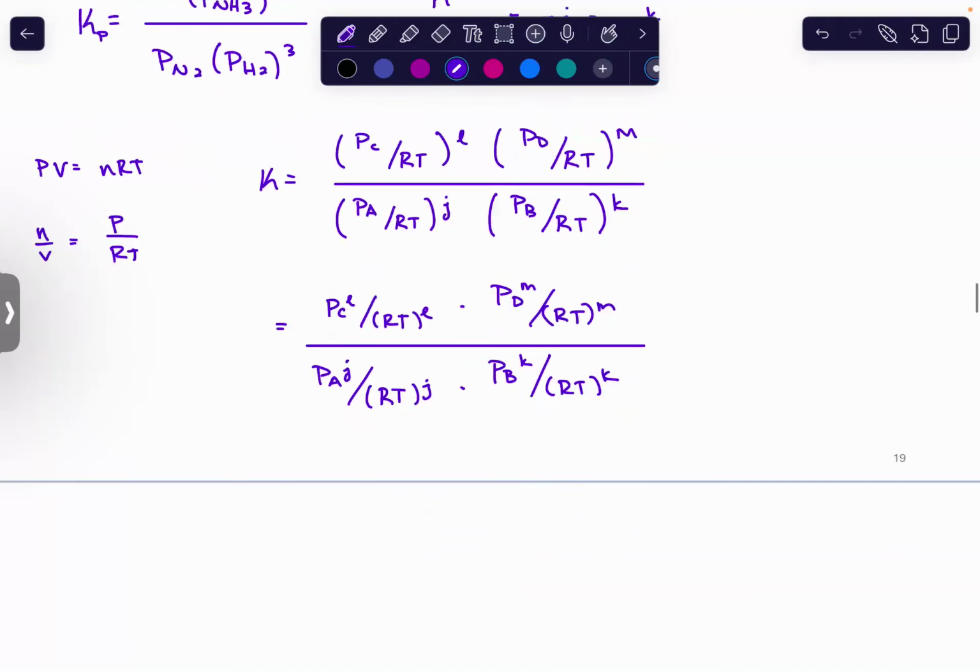Okay. Now, who remembers how to separate fractions, first off?